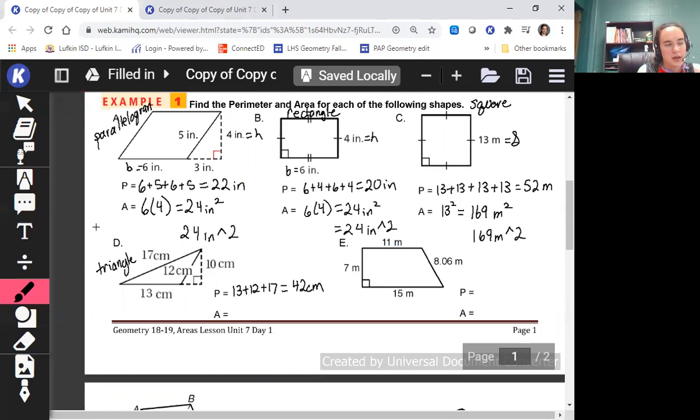And the area, remember, is base times your height divided by 2. So 13 times 10 divided by 2. And we have 65 centimeters squared.